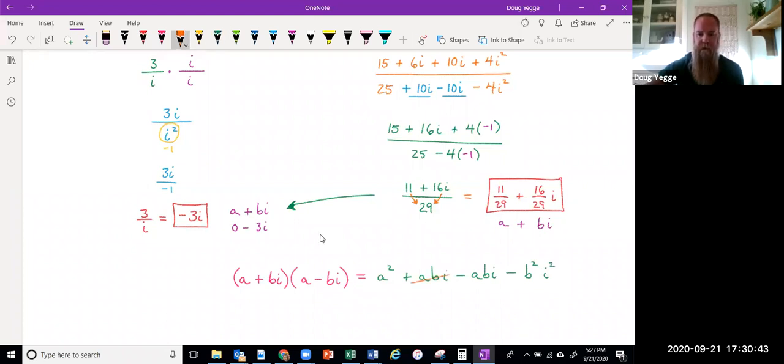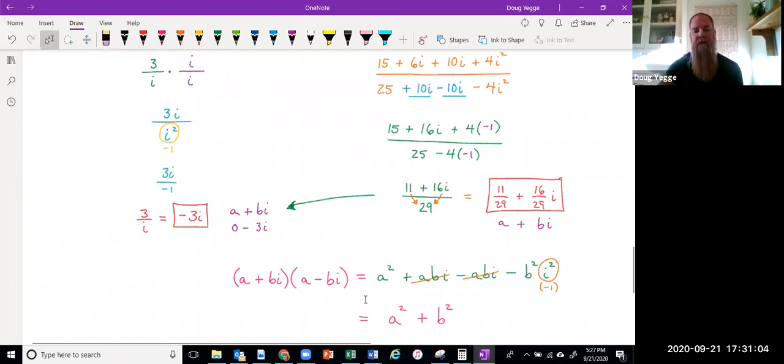We could see that abi cancels with abi, and i squared becomes -1. And so when I multiply complex conjugates, my answer becomes a squared plus b squared.